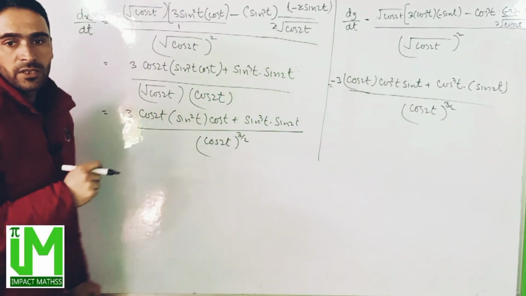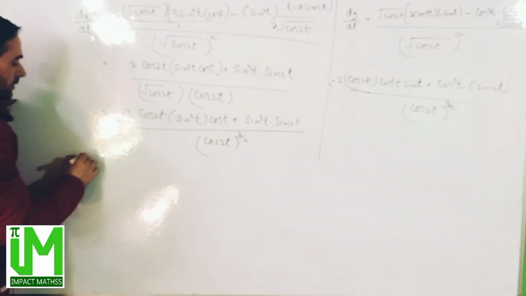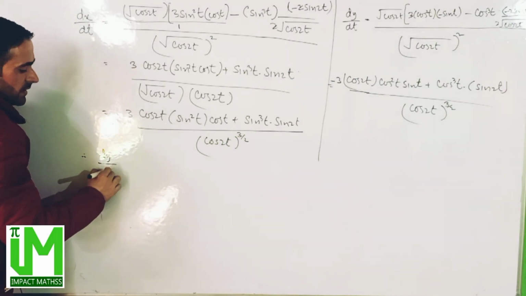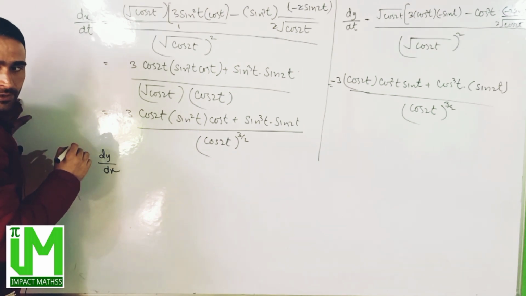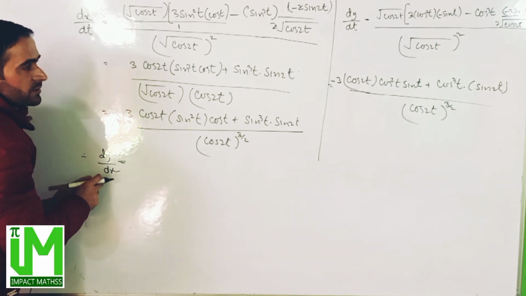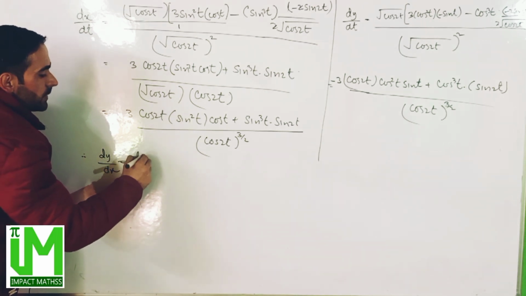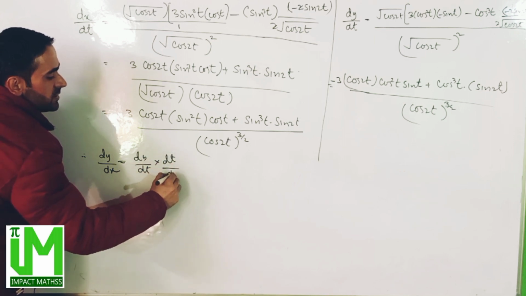Now we have to find dy divided by dx. So dy divided by dx is dy by dt into dt divided by dx.